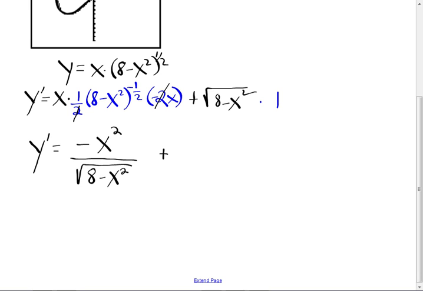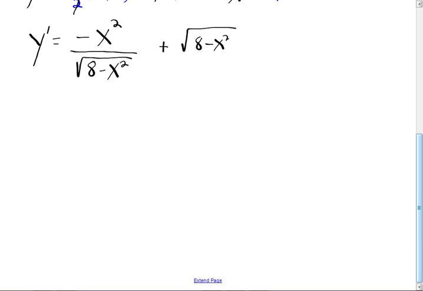Plus, I cancel the 1/2 with the 2. The 2's cancel out. So it's 1 times x squared. That looks better. You may not agree, but I think it looks better. So 0 equals negative x squared over the square root of 8 minus x squared plus the square root of 8 minus x squared.